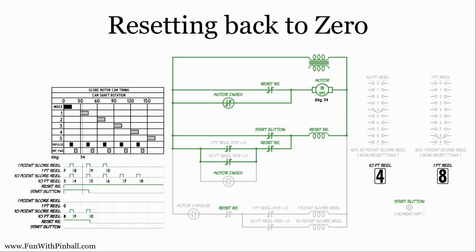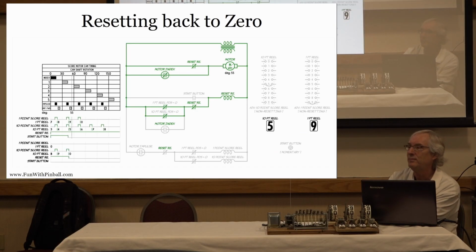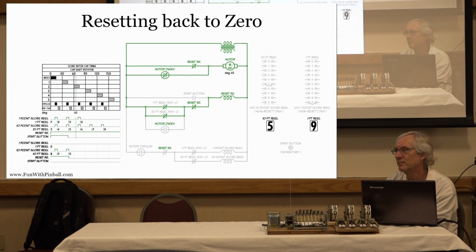Okay, there's always questions online about why is my score reel doing this? And I think you've got the whole chart here of, you know, the reel keeps turning around when I'm resetting, or the points don't, I can hear a relay clicking, but the score reel doesn't step, and each of these switches explains each of those different problems.